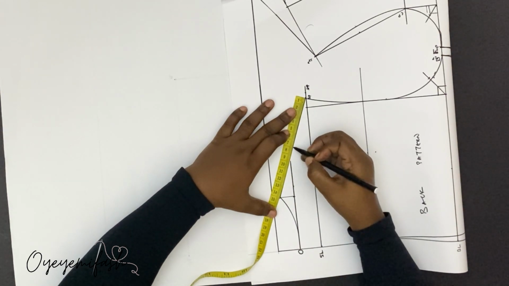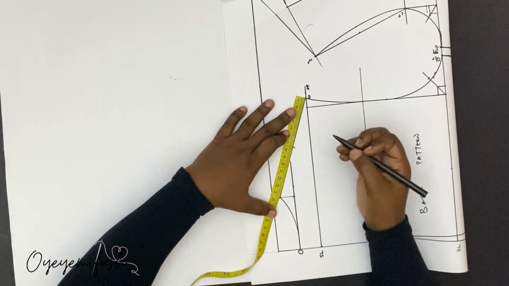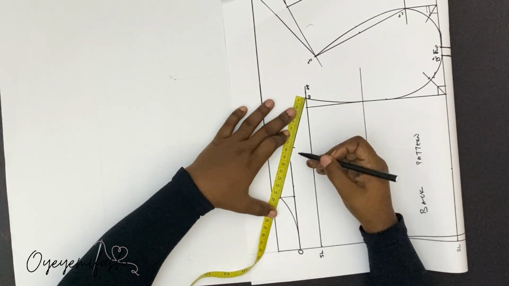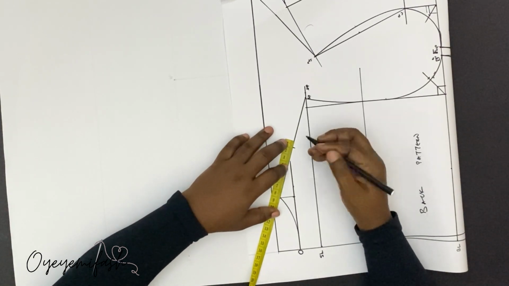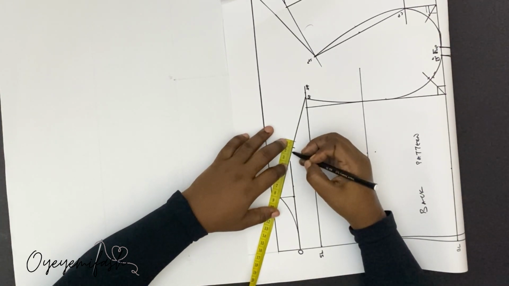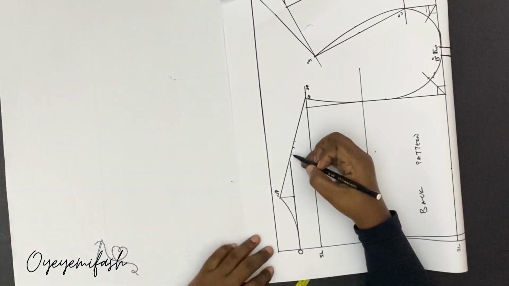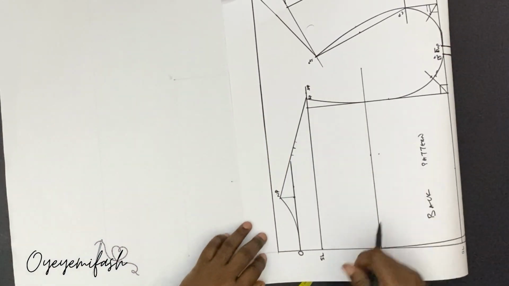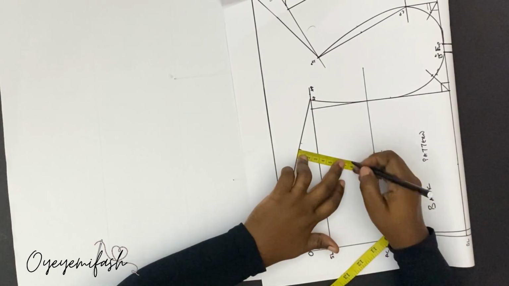I'll find the midpoint and then take out half of the excess on both sides of that midpoint. So my pattern has excess of 2 centimeters. So I'll take that. I'll measure 1.1 centimeter on both sides of the midpoint. I'll rule a 7 centimeter line perpendicular to this shoulder line here.